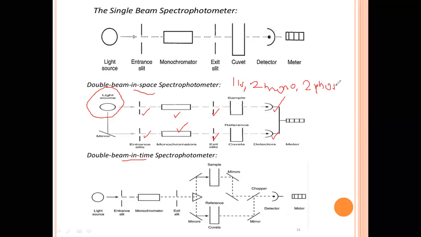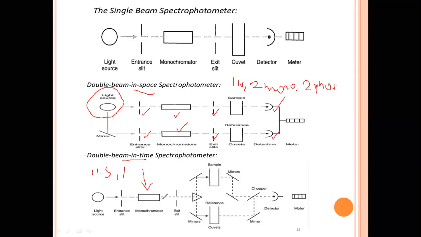Okay? How about in double beam in time? In double beam in time, you only have one light source also, but with only one monochromator, and this is the monochromator for the double beam in time.